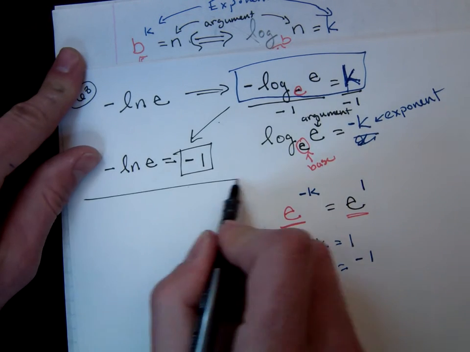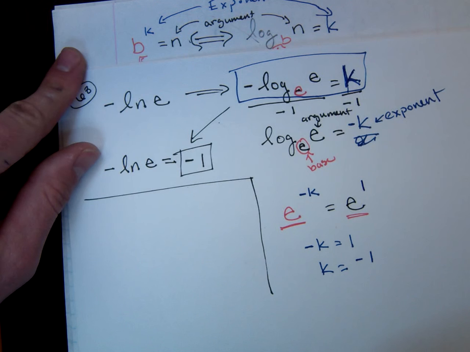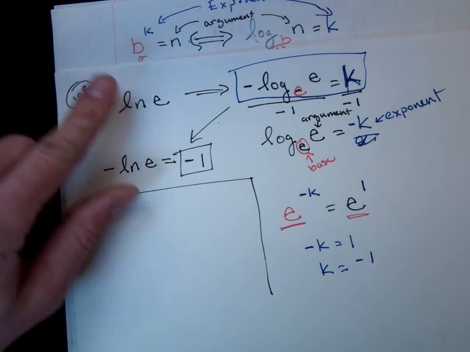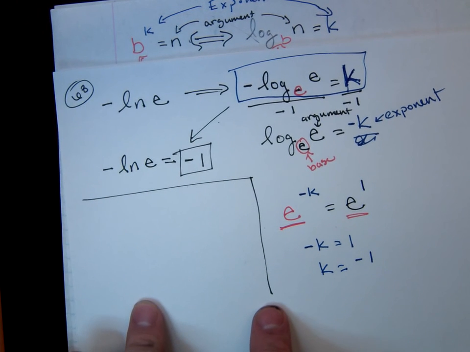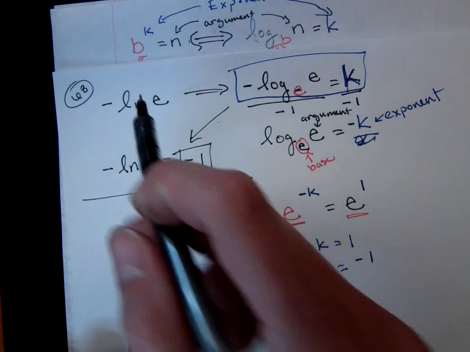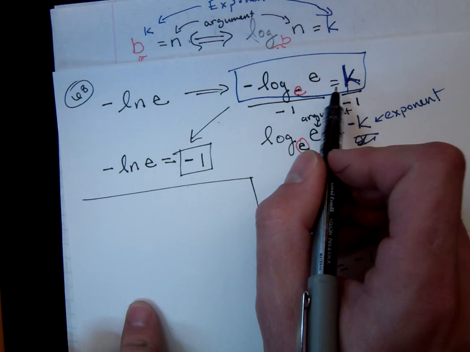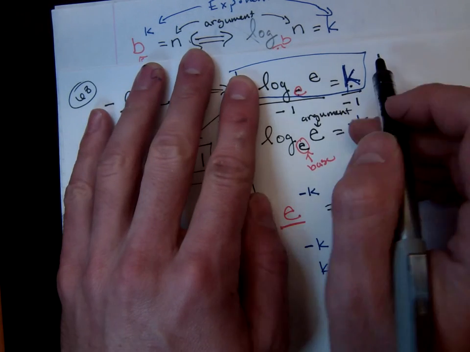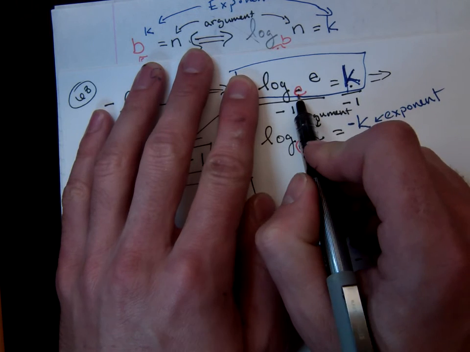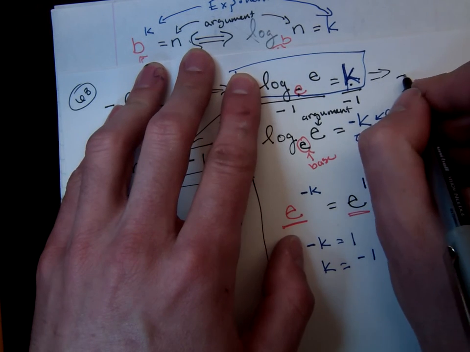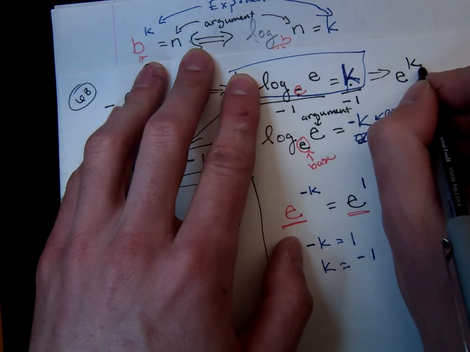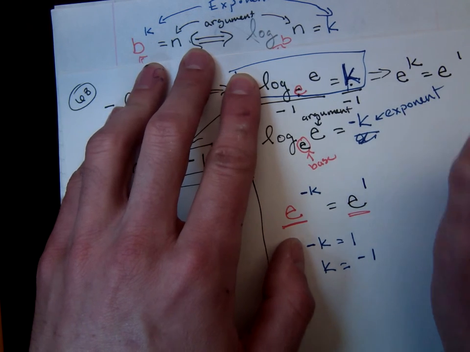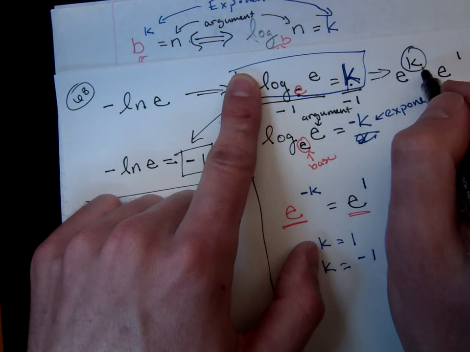Now, there is also a simpler way to do this if you memorize the definition. You would notice that for the log of e, we would have e as our base, to the k must be equal to e to the first. Well, we know that k equals 1.